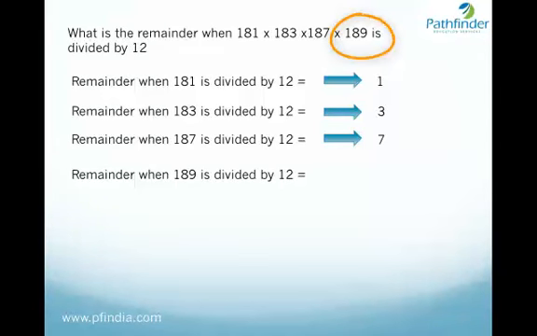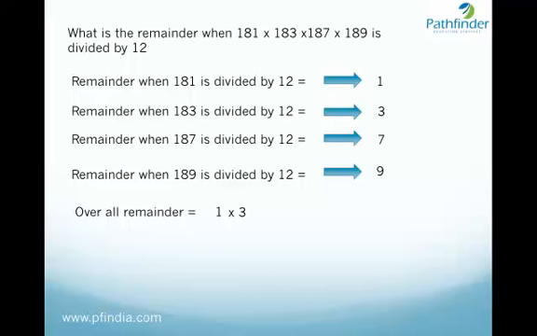And remainder when 189 is divided by 12 is 9. Overall remainder will be the product of 1 into 3 into 7 into 9, which is equal to 189. But as you all know, 189 is greater than 12, and therefore we divide 189 once again by 12 to obtain a remainder equal to 9. So the final remainder when 181 into 183 into 187 into 189 is divided by 12 is equal to 9.